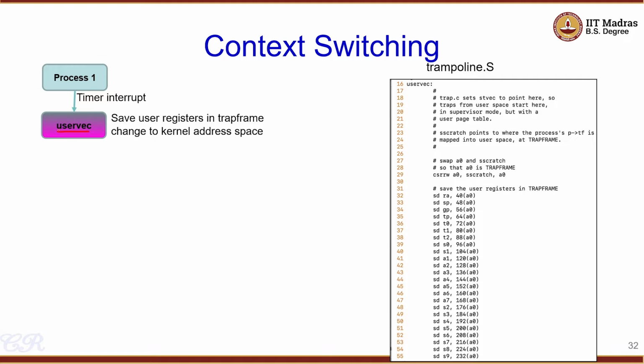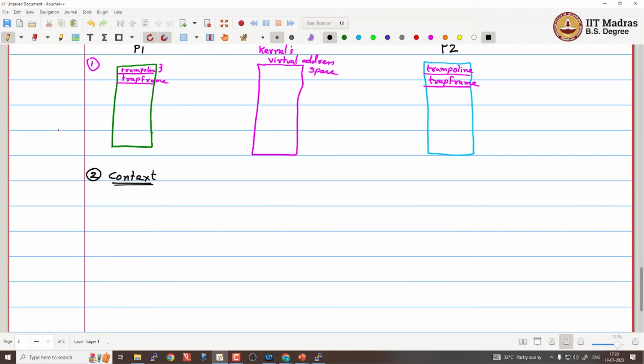So what's happening here is that the timer interrupt moves the execution from the user mode of the process into the trampoline, where we have the uservec function present.